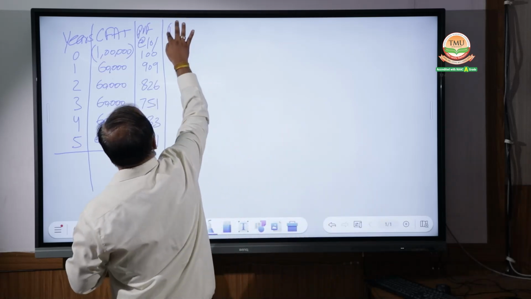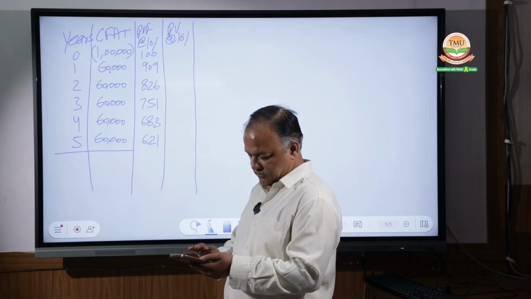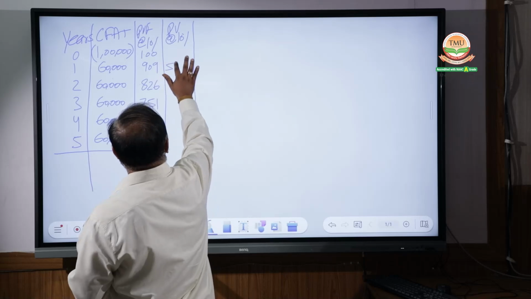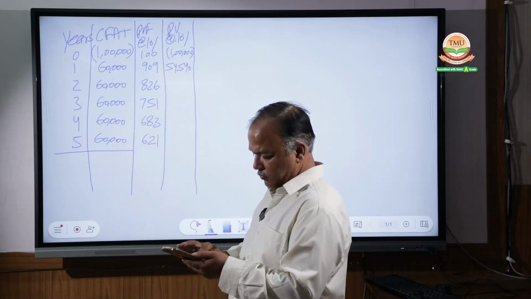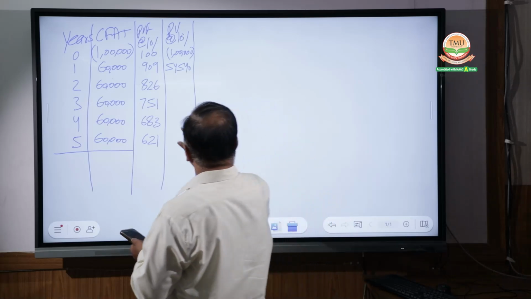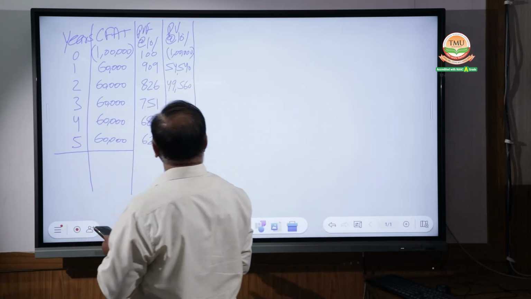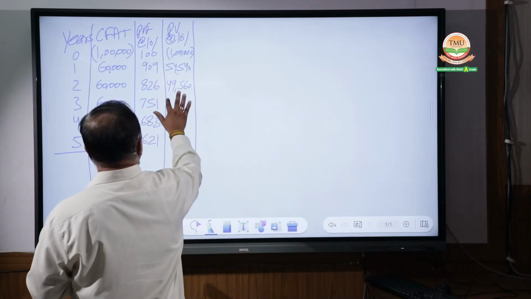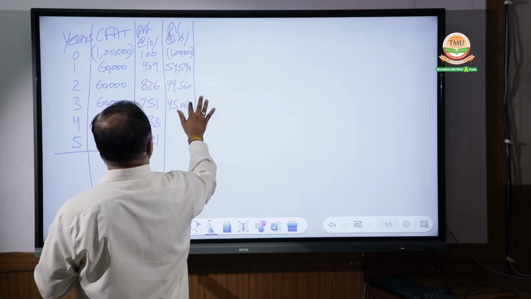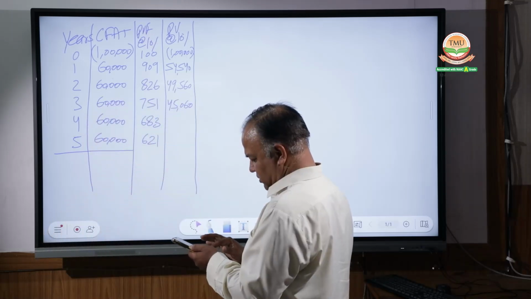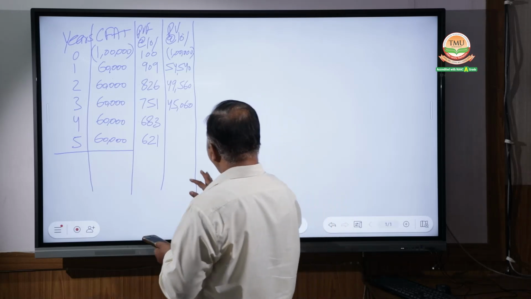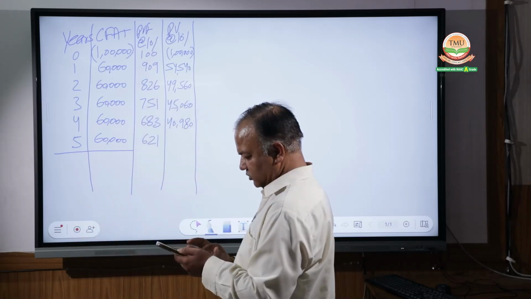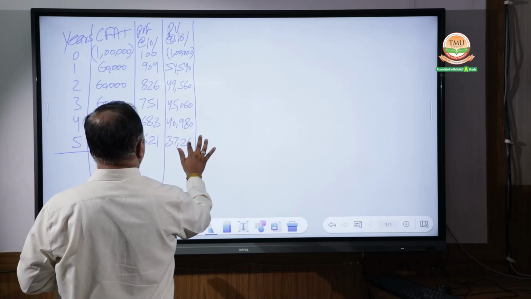This is present value at 10%. 0.909 into 60,000 is 54540. 0.826 into 60,000 is 49560. 0.751 into 60,000 is 45060. 0.683 into 60,000 is 40980. 0.621 into 60,000 is 37260.